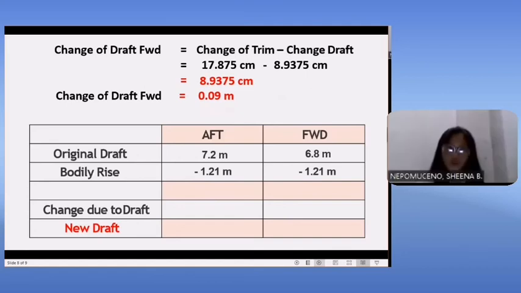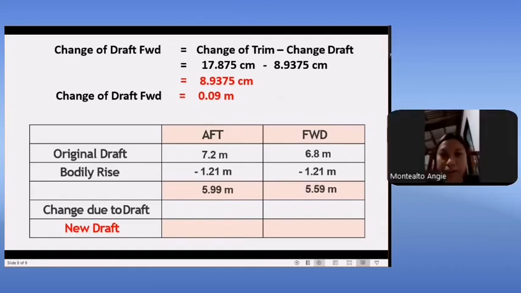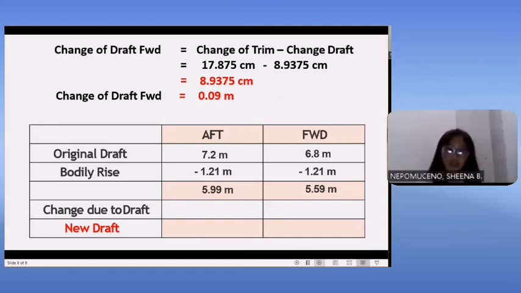So both aft and forward will be subtracted with negative 1.21 meters, and we will have a value for the aft of 5.99 meters, and for the forward we have 5.59 meters.